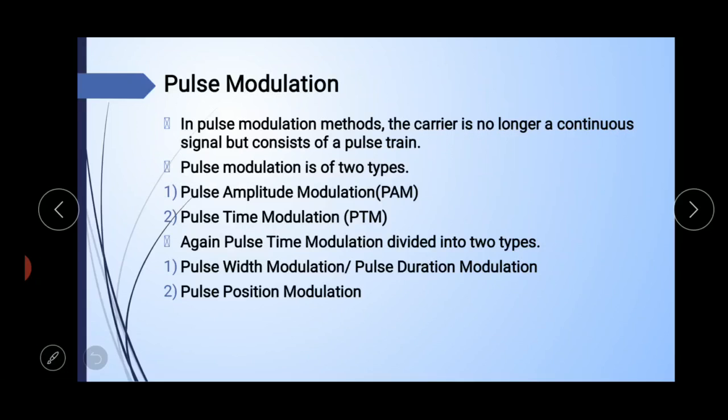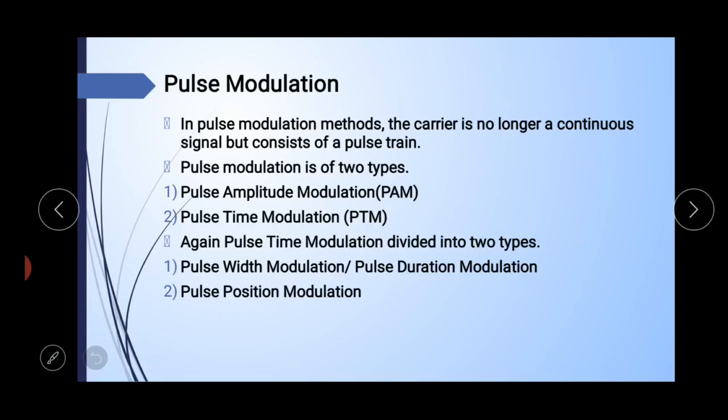In pulse modulation methods, the carrier is no longer a continuous signal but consists of a pulse train. It is divided into two types: pulse amplitude modulation and pulse time modulation.